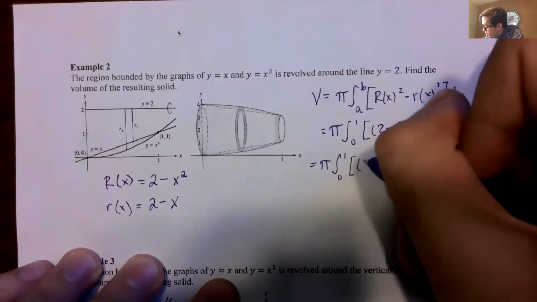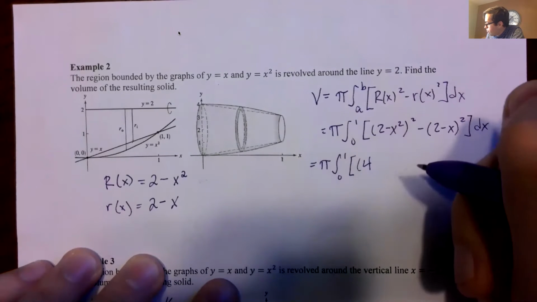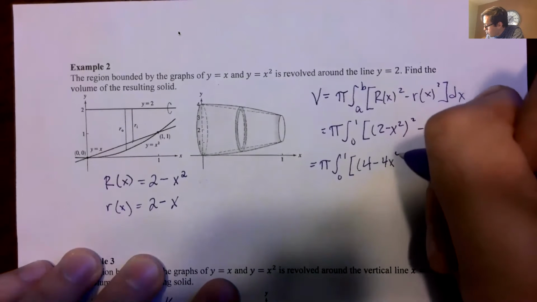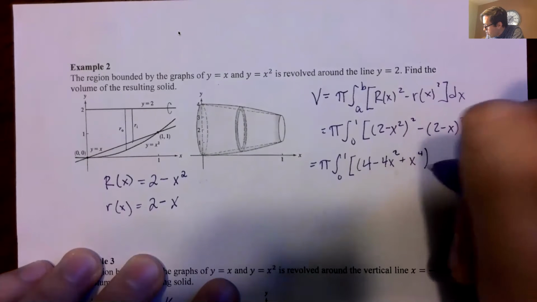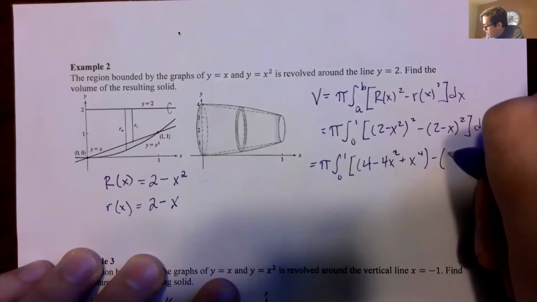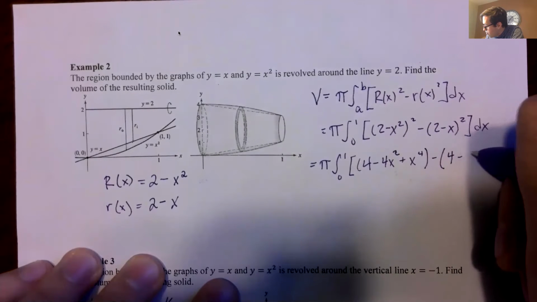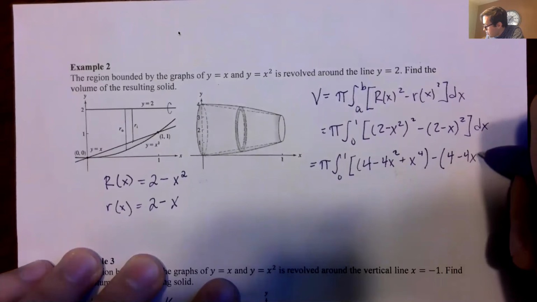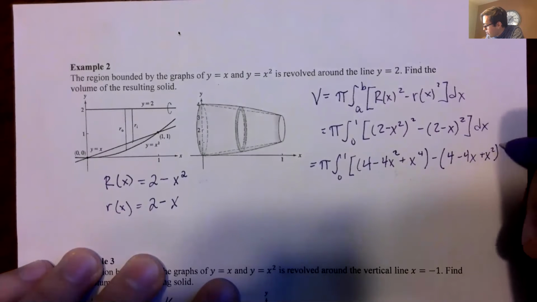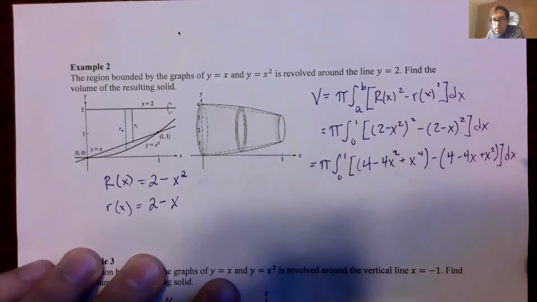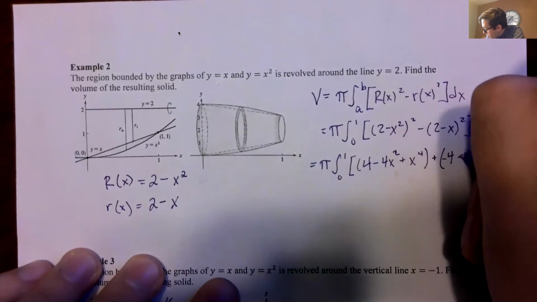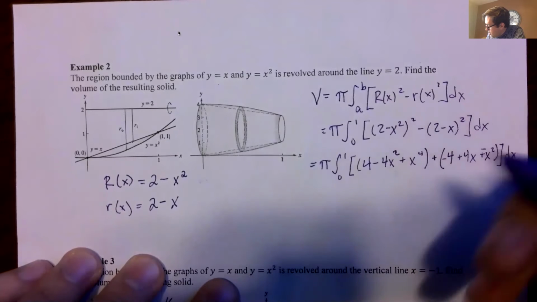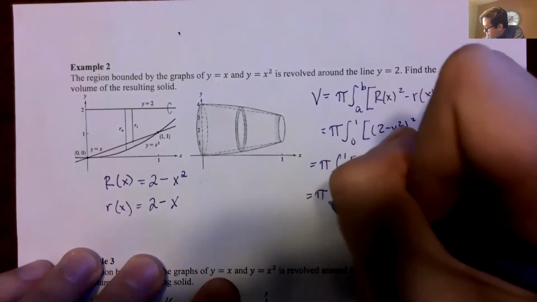So this is going to be foiling, and we get 4 minus 4x squared plus x to the fourth, minus 4 minus 4x plus x squared dx. So then I'm going to switch the signs over here, and I'm going to combine like terms.